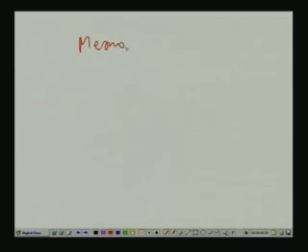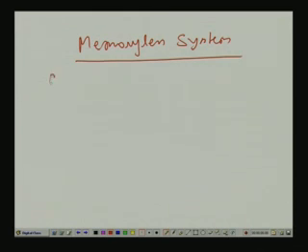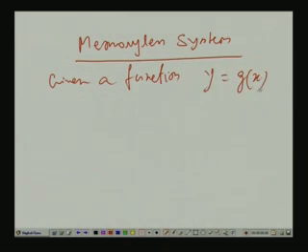A particular case of a deterministic system is what is called a memoryless system. Suppose we are given a function y equal to g(x), that is, given any value for x, we find out y.